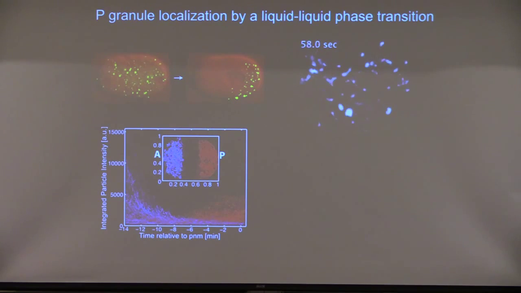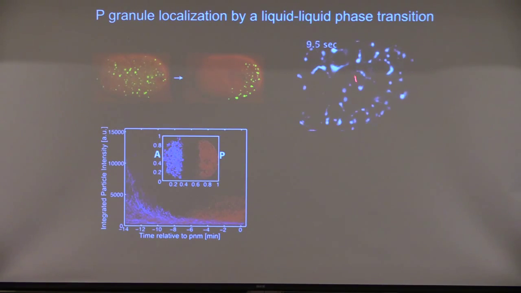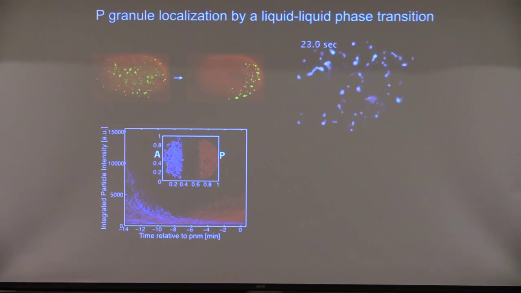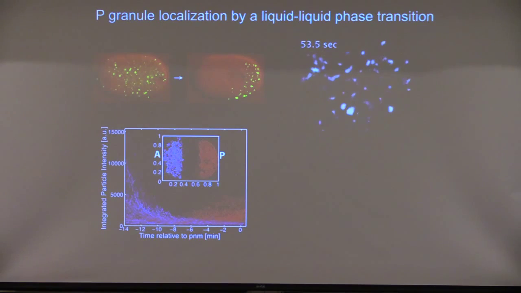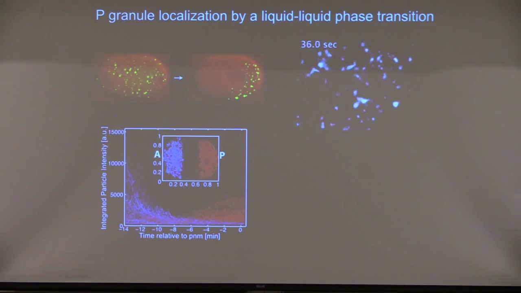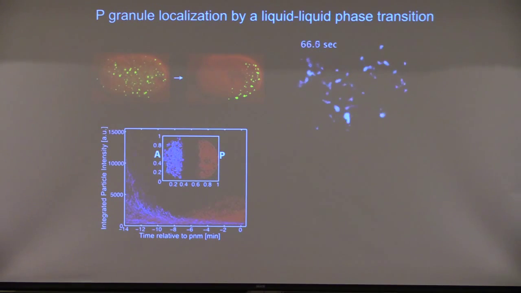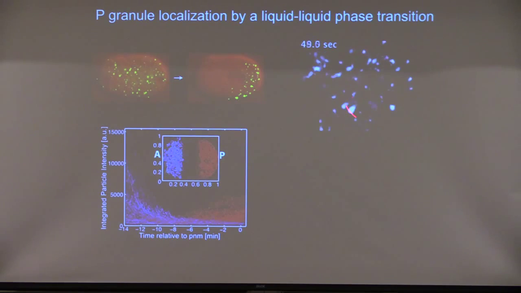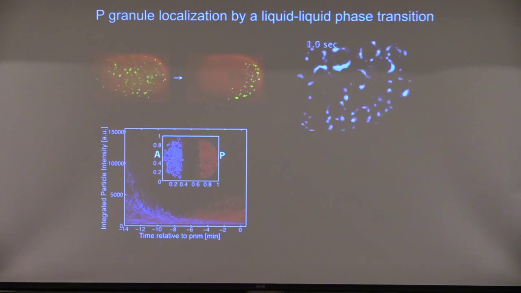Hopefully you can see in this image, the dark regions are nuclei, and around these nuclei are assembled these P granules, this P granule material, and you can see that it flows and drips. We see things that look like wetting and de-wetting, where it pinches off the surface, and coalescence, and so forth. So this material on these time scales looks like a liquid.